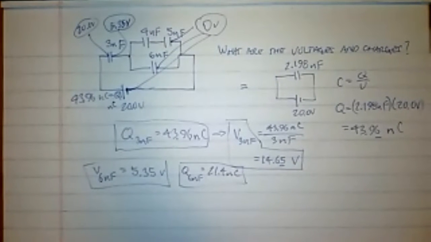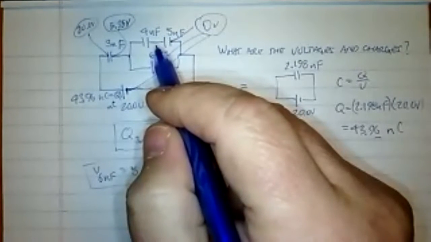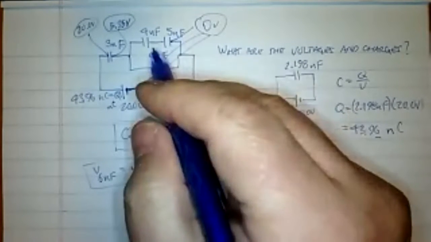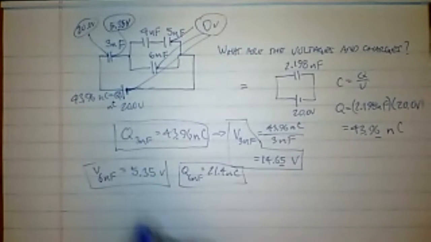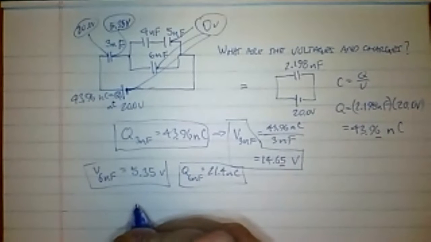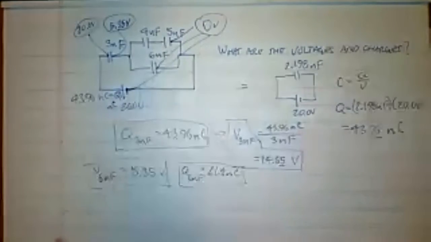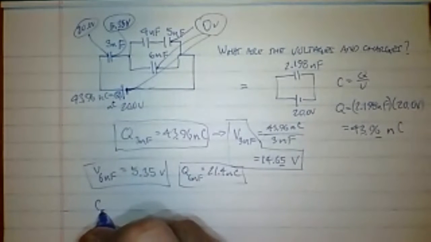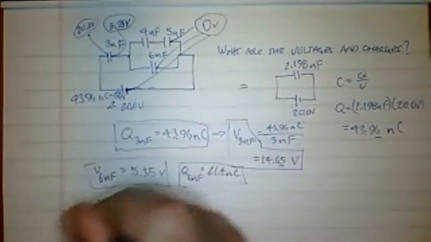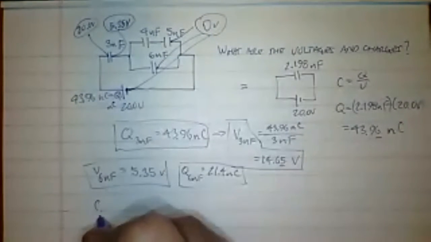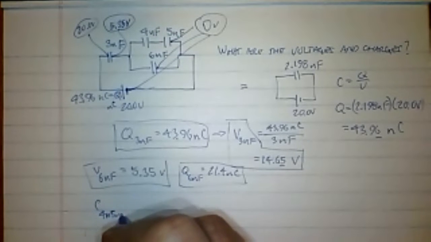Now, there's a couple ways you could do this. You could find out the equivalent capacitance of this and then say, okay, well, I know the voltage is going to be 5.35. Excuse me, I keep saying resistance. Check me on that, folks. We can find the equivalent capacitance of this, the equivalent capacitance of the 4 and 5 nanofarads.